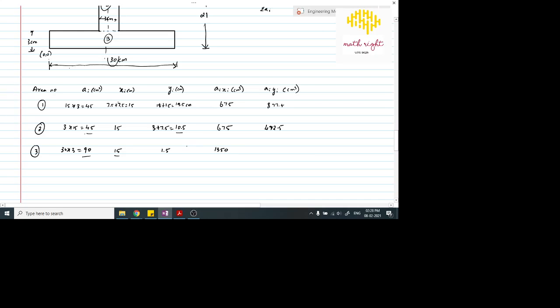Similarly, next thing, 90 into 135, sir. 135. Just make a summation here. Sigma Ai, summation of Ai xi, summation of Ai yi.